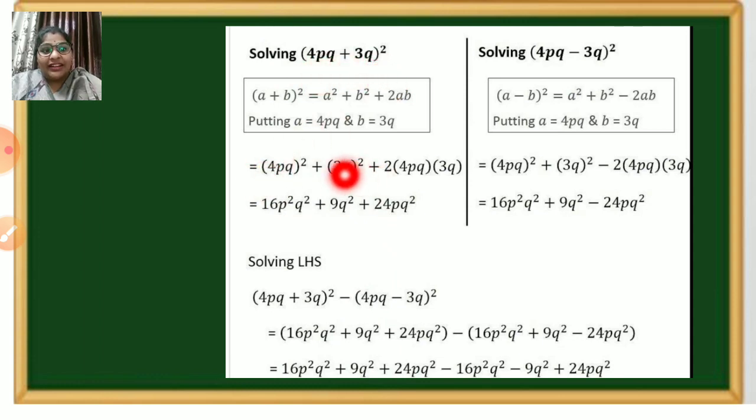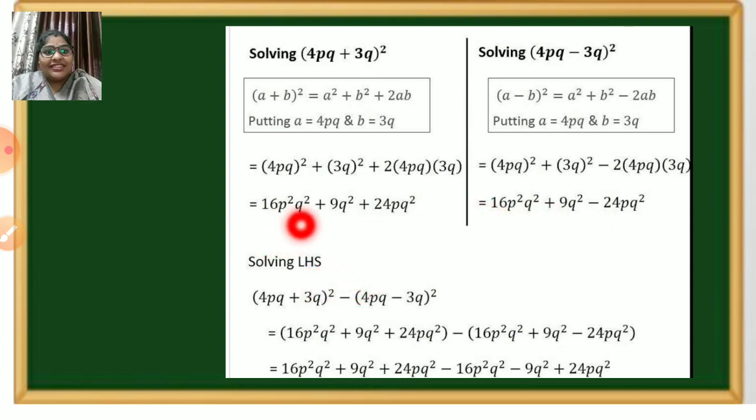Using the identity, we will get 4 4s are 16 p square q square, 3 3s are 9 q square, plus 2 into 4 into 3 pq square, that is 24 pq square. And here also 4 4s are 16 p square q square, 3 3s are 9 q square, and negative 24 pq square, as it is minus 2ab. Now we are going to subtract this.